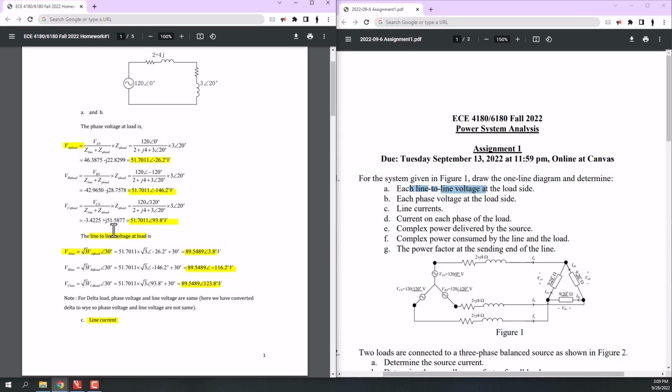Or the other method that you can use is that you can say, for example, line voltage, which is VAB, is equal to VA minus VB. And if you write this from these values here, you can see that the result would be the same. The same thing for VBC and VCA.